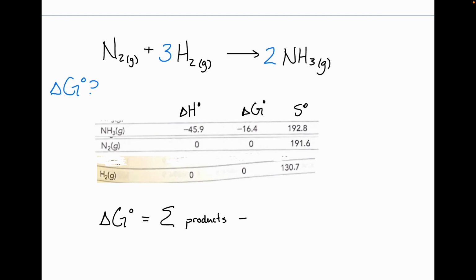Remember, for equilibrium constants, we remember products over reactants. For these thermodynamic values, we remember products minus reactants multiplied by their stoichiometric coefficients.